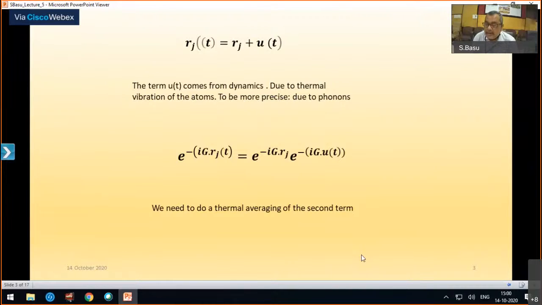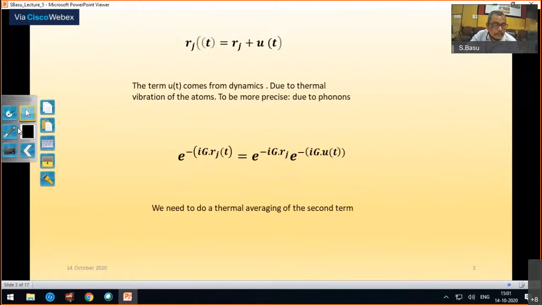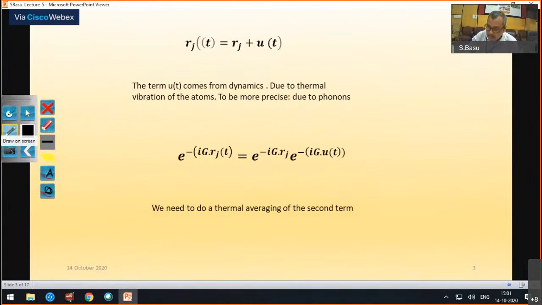So last time I said one way the dynamics comes in to any diffraction experiment is through the time dependence of the position coordinate. If you remember, I had r_j(t) in e to the power minus i g dot r_j.